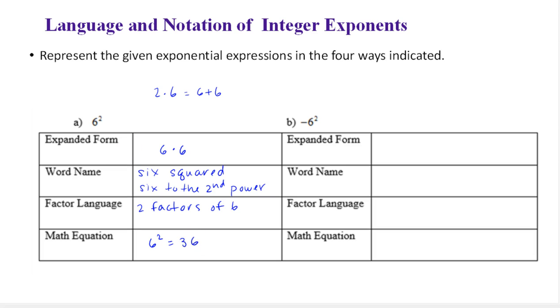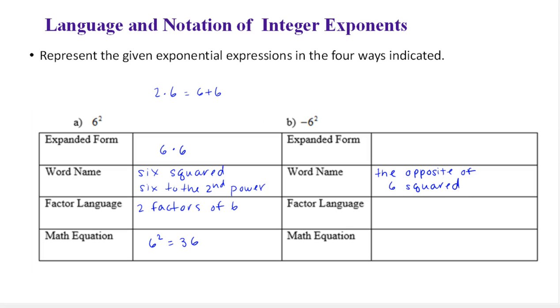Okay. So now it can be a little bit tricky when we have an opposite sign or a negative sign involved when we have exponents. So when we have the opposite of 6 squared, that's actually how we'd say this. The opposite of 6 squared.